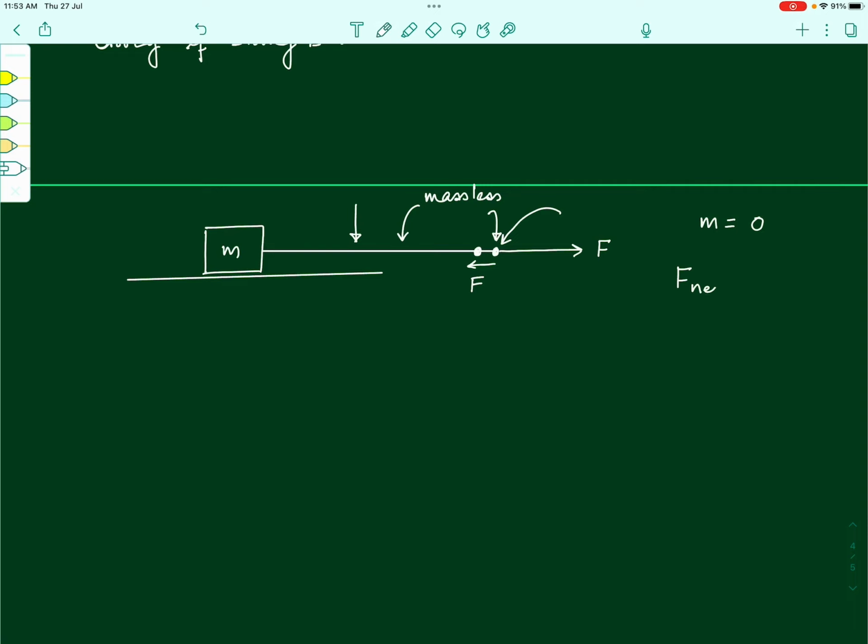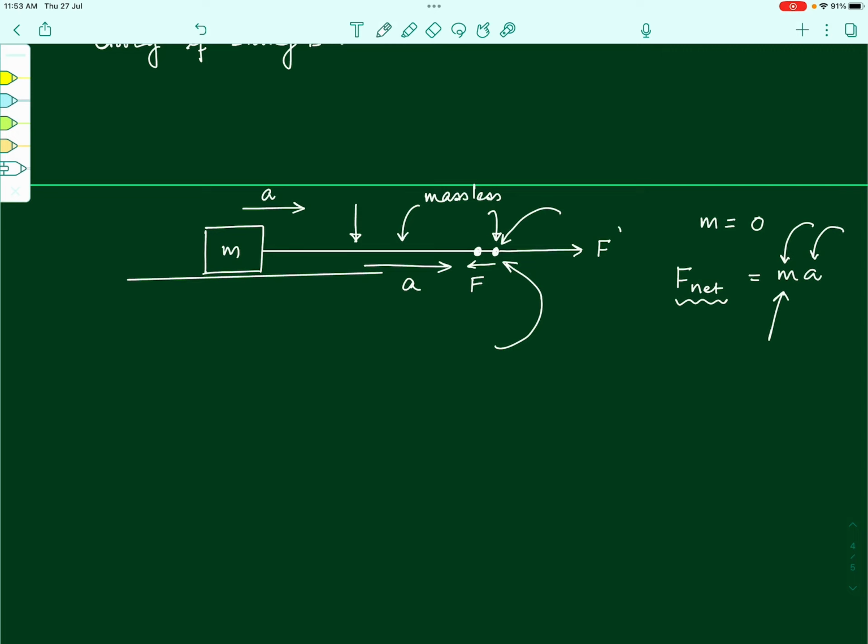Because F net, when you write mass into acceleration, even if they are moving with a certain acceleration, because their mass is 0, their net force should always be 0. So in this particular case, even if the block moves with a certain acceleration towards right, and with that the whole string moves with an acceleration A towards right, still the net force acting on every particle of the string should always be 0, because it has no mass, the mass is 0.